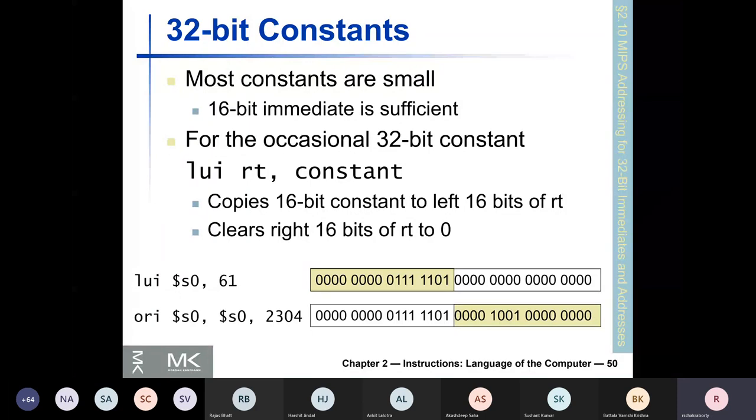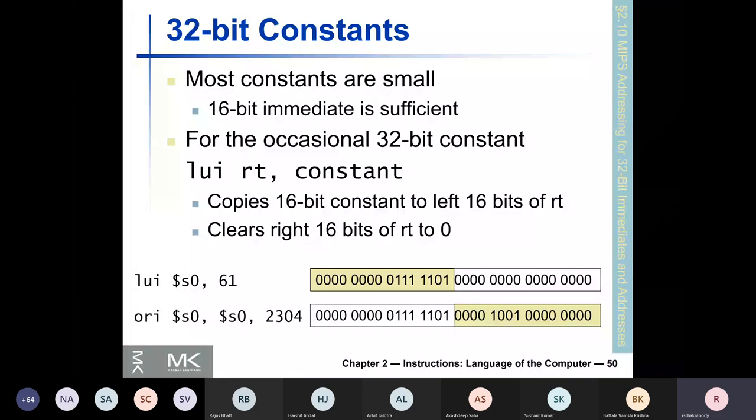They have a limitation that those constants cannot be more than 16 bits long. However, what happens if you require to store a value or load a register with a 32-bit constant?